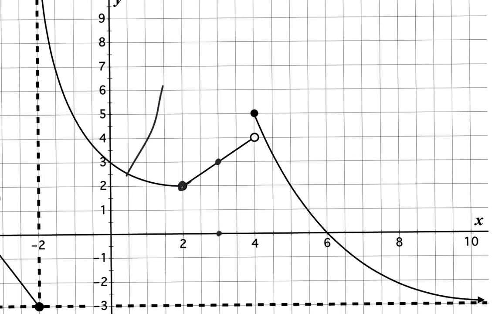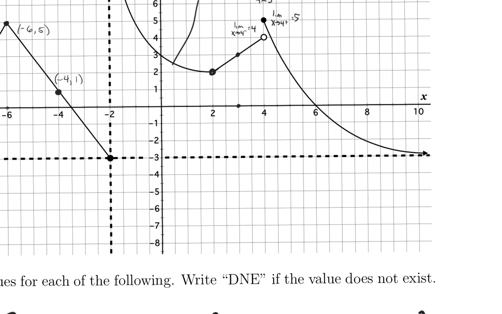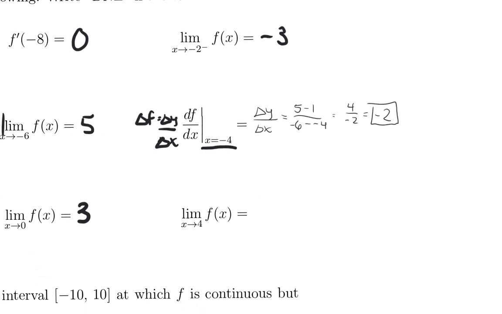So the limit as x approaches 4 from the left is equal to 4, and the limit as x approaches 4 from the right is equal to 5. And since 4 is not equal to 5, this limit does not exist. Because for the limit to exist, it has to be equal from both sides, and it's not. So this limit does not exist.